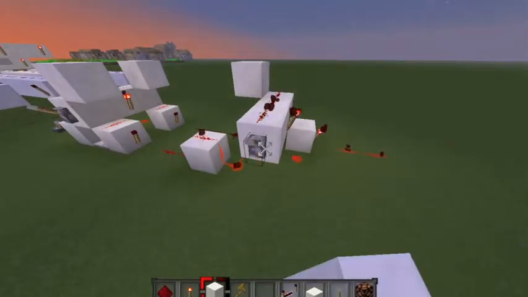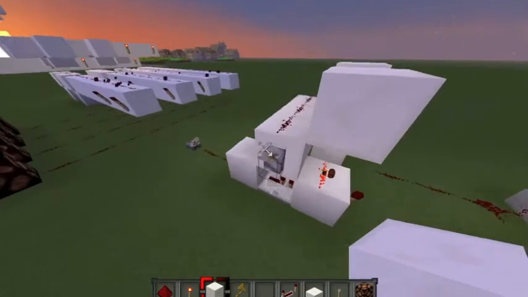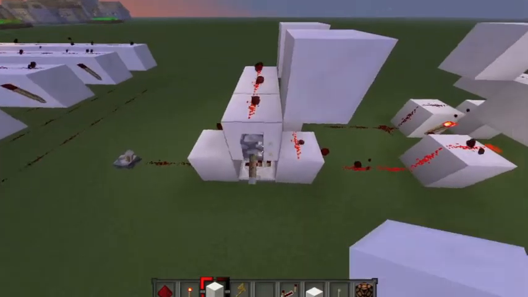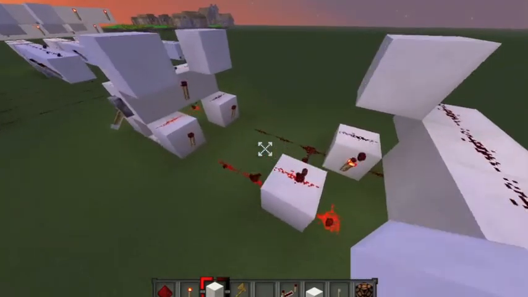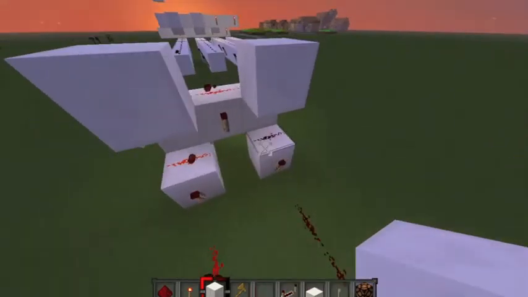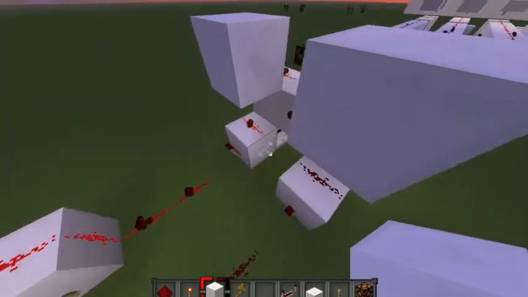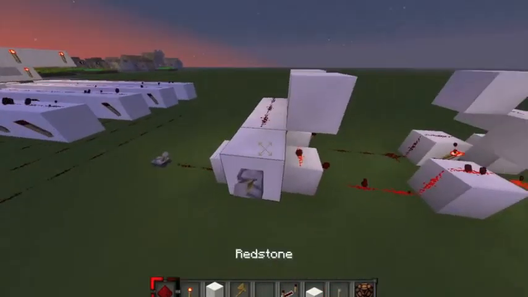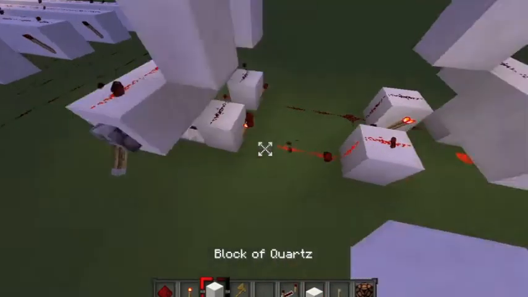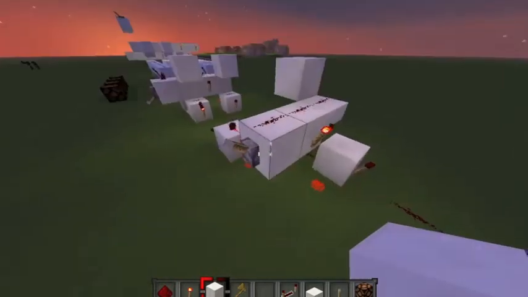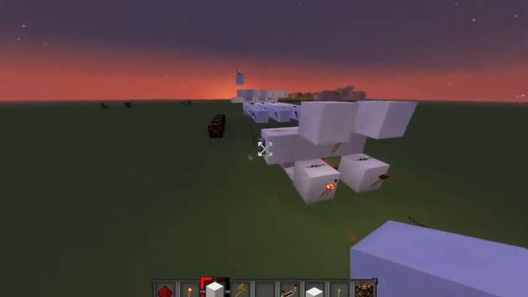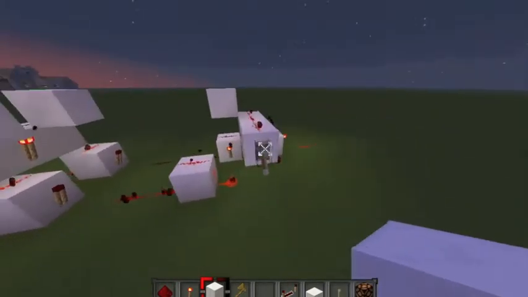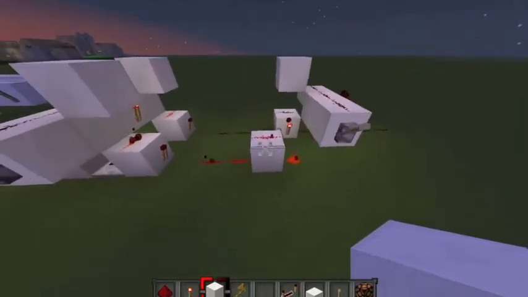oh dear. Wait, please tell me that... Why isn't that getting powered, though? More importantly, derps. I'm full of the derps. There we go. So now it's actually written. Oh my gosh. What?